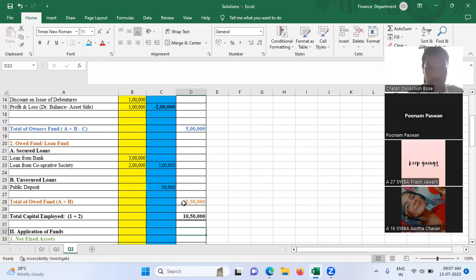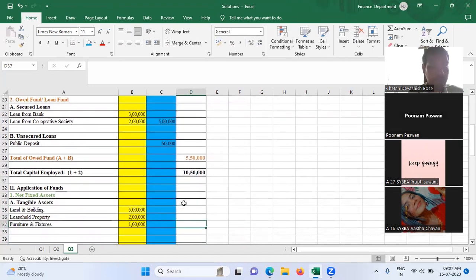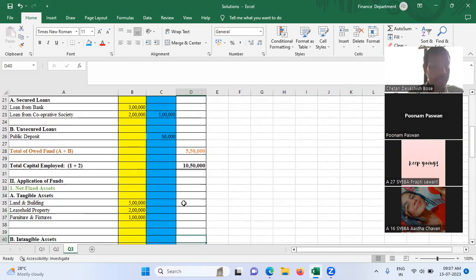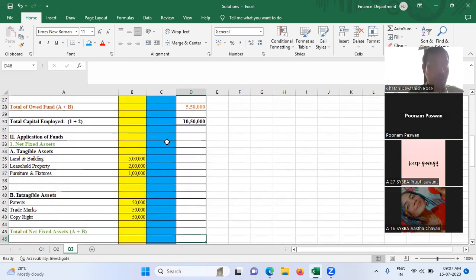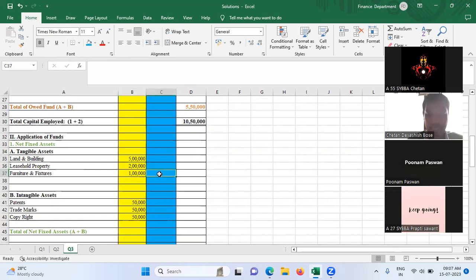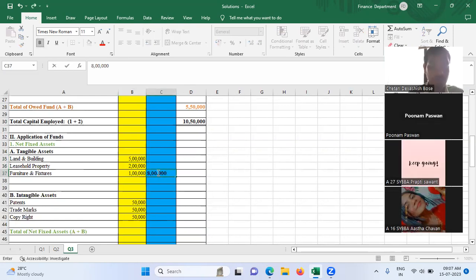Chalo, let's do the rest of the bit. Now we are in the application of fund. What is the total of application of fund? Tangible asset का total कितना है? Tangible asset का total है 8 lakhs. Just do the total, 8 lakhs. Right, sir.